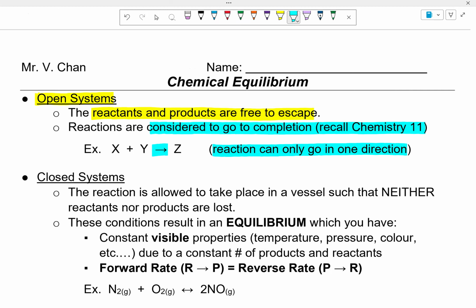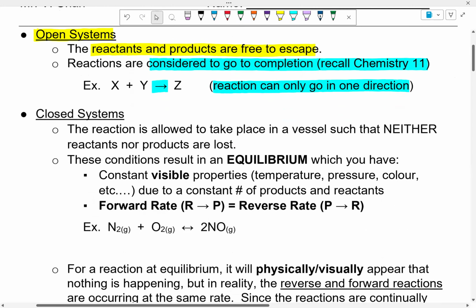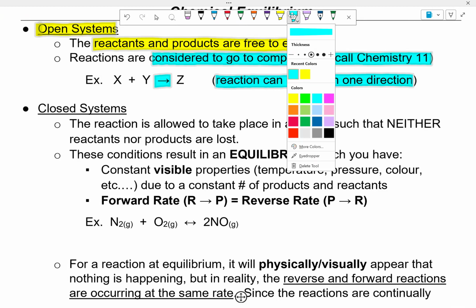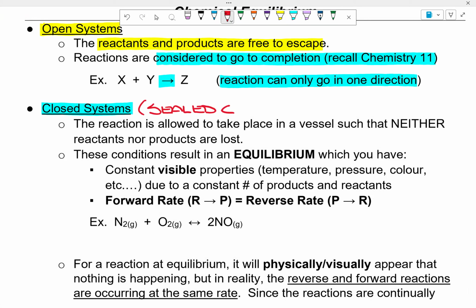Now, when we talk about chemical equilibrium, we have to change how we think. Now we have to focus on something called a closed system. Now, what is a closed system? Another way to think of it is that it's like a sealed container.